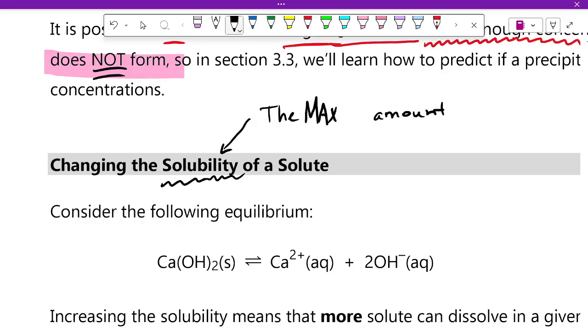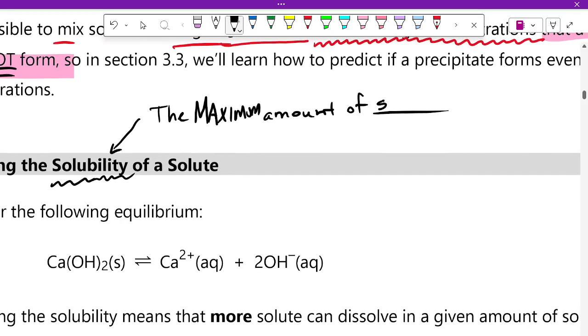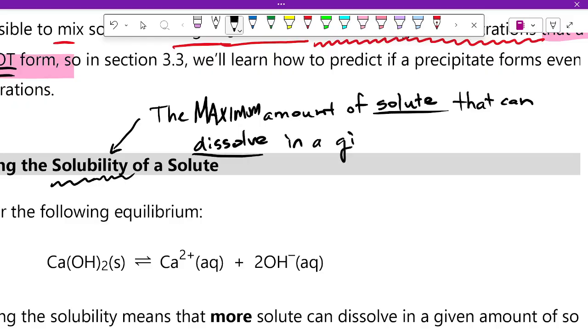Maximum. Amount of what? Solute. Okay. That can do what? Dissolve in a given volume of solution. Okay.